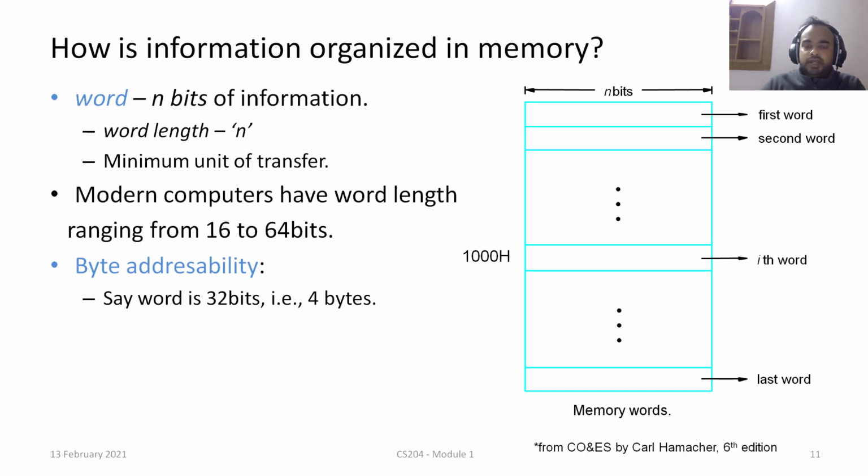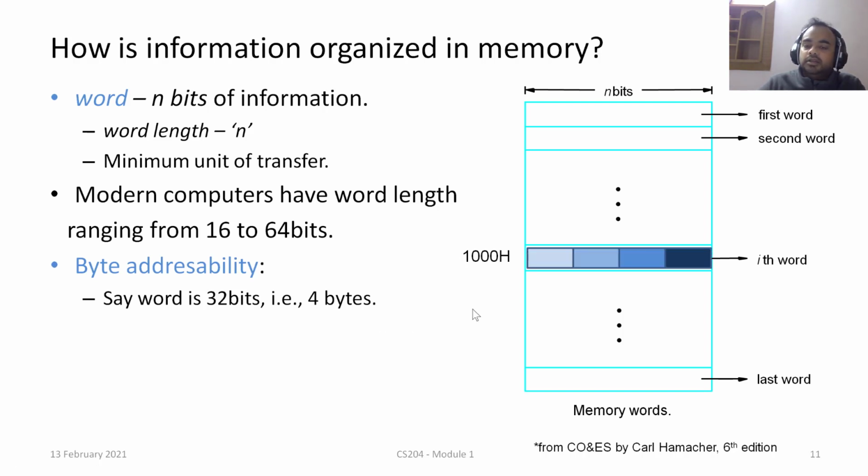So before that, a quick example again with one specific address. Here we have the address 1000h. H is hexadecimal, right? Now when we say 1000h is the address of one word, it has 4 bytes.